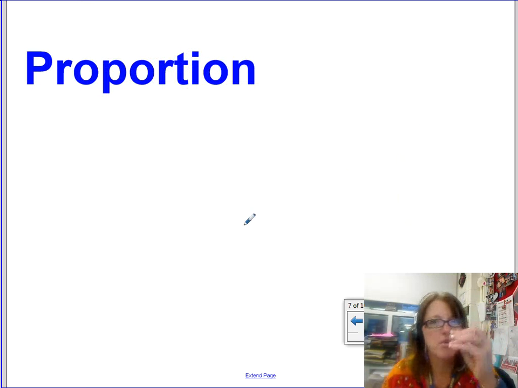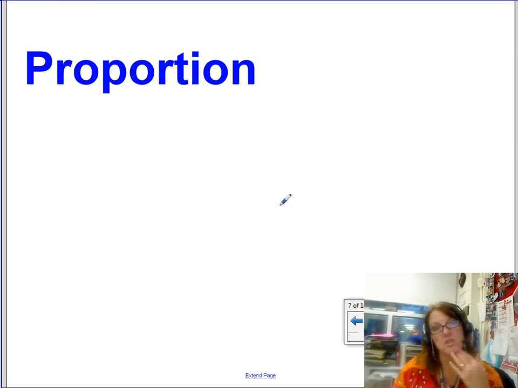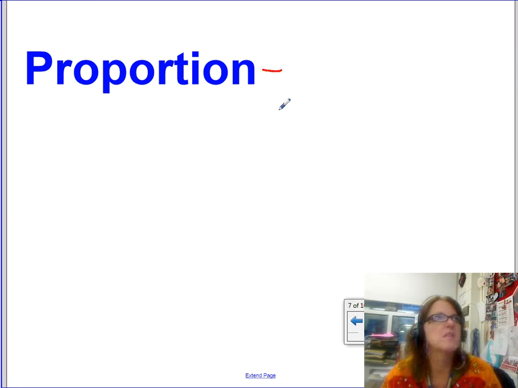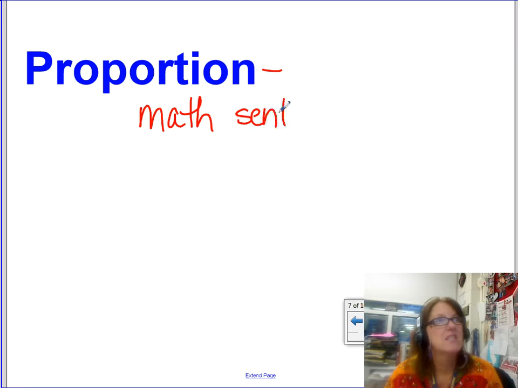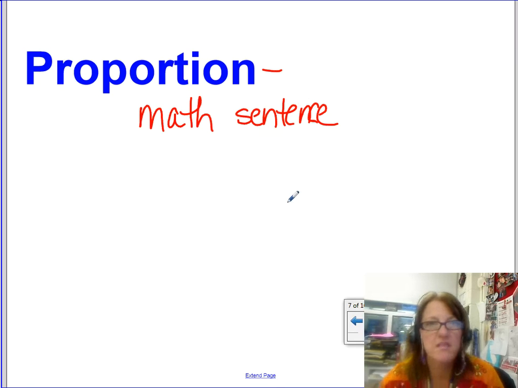Now, proportion, because remember in our learning target, we talked about proportions. So what is a proportion? Well, first of all, I want to tell you that it is a math sentence. And now you're saying, oh my gosh, please, can we not have language arts in a math class? Sorry, you need to learn how to tie this all together, and it works that way.